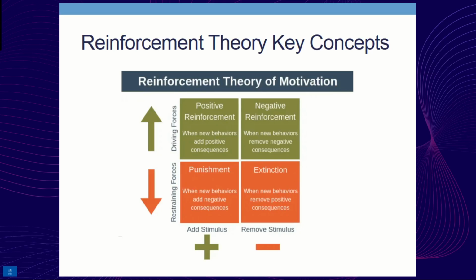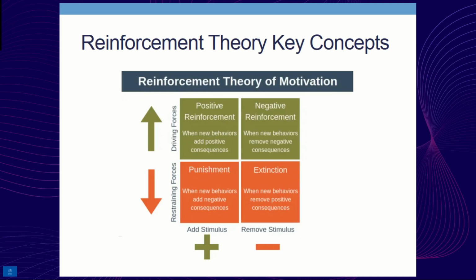Sometimes a stimulus is taken away, so if we exhibit good behaviors, we may have something taken away which has been irritating us. However, if we behave poorly, we may have something taken away that we liked. The 4 factors that are levels of motivation are positive reinforcement, negative reinforcement, punishment, and extinction.